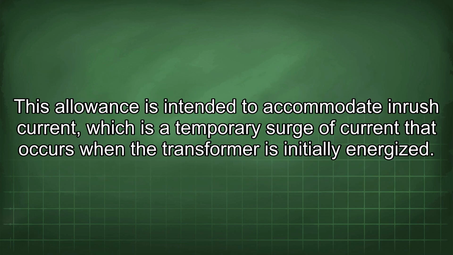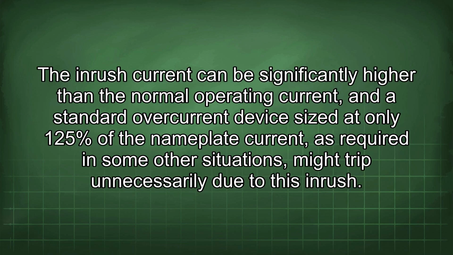This allowance is intended to accommodate inrush current, which is a temporary surge of current that occurs when the transformer is initially energized. The inrush current can be significantly higher than the normal operating current, and a standard overcurrent device sized at only 125% of the nameplate current, as required in some other situations, might trip unnecessarily due to this inrush.